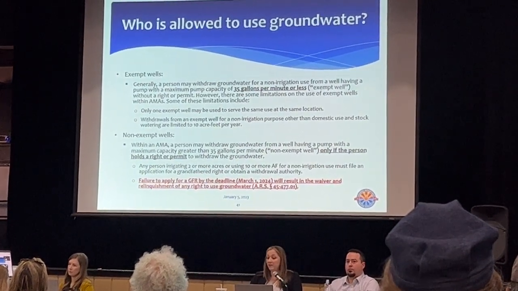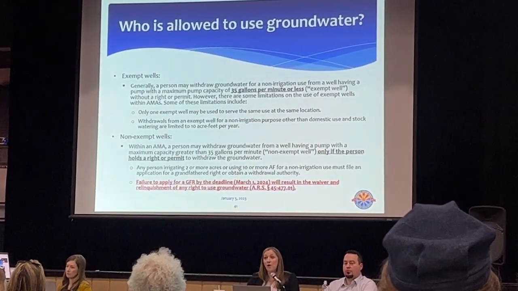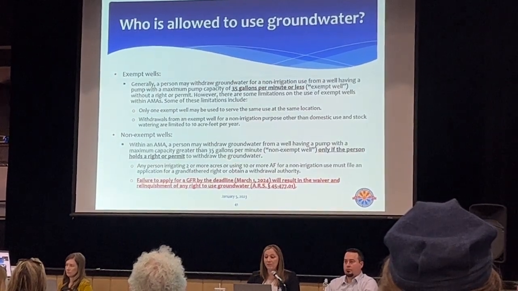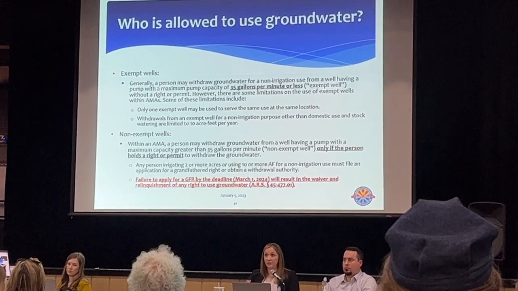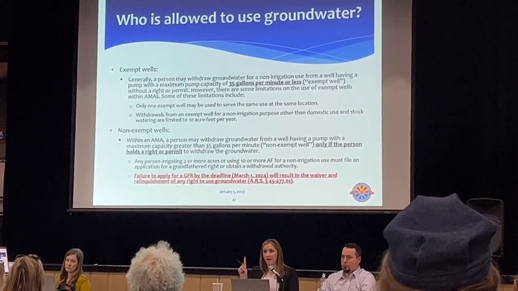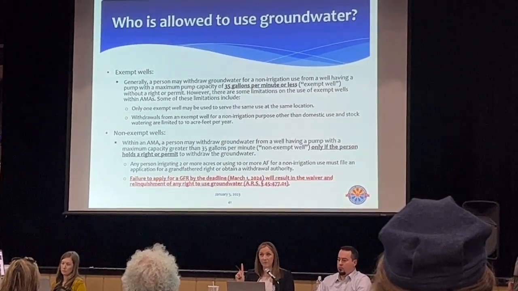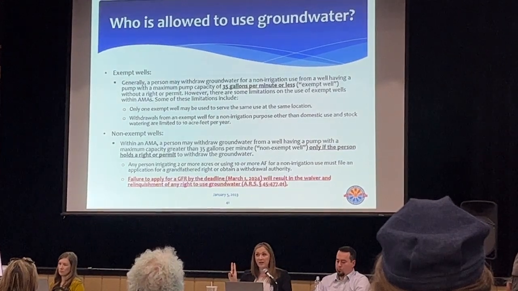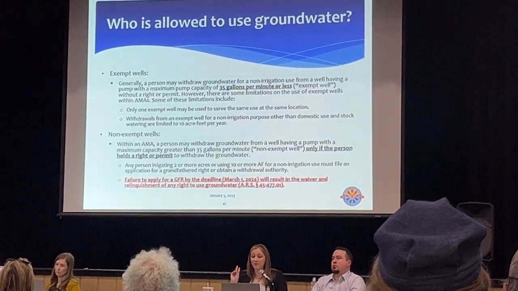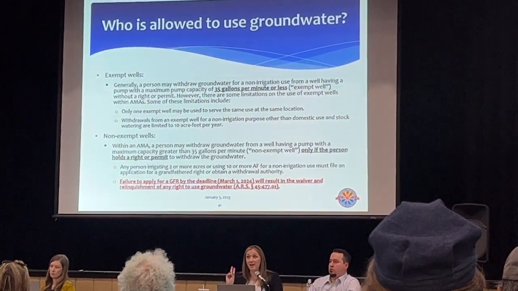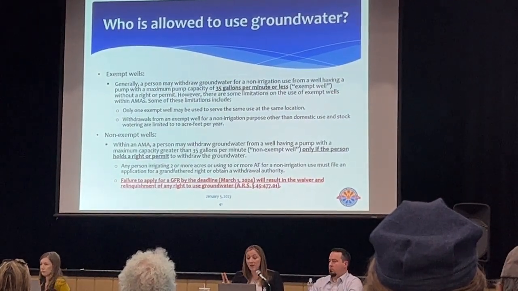So any person irrigating 2 or more acres or using 10 or more acre feet for a non-irrigation use. So those are 2 different types of permits. An irrigation permit for 2 or more acres or 10 or more acre feet for a non-irrigation use must file an application for a grandfathered right to obtain that withdrawal authority.